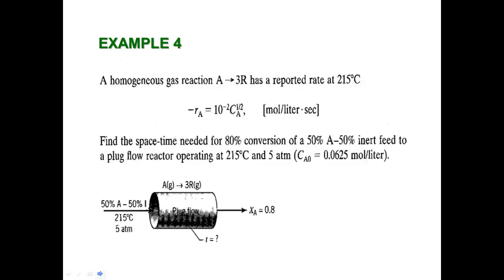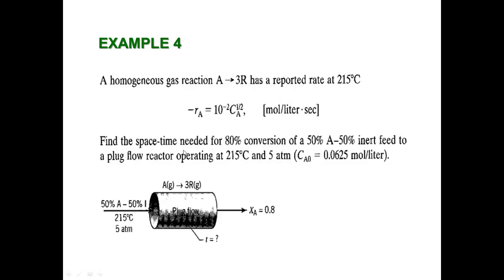So if you go to the third one, this one now is for a plug flow reactor. A plug flow, because you could see that now you have here as illustrated a cylindrical element of volume. Now, a gas phase reaction in this case, and you have A forming 3 moles of R. The gaseous reaction occurred at 215 degrees Celsius, and its rate law is 0.01 Ca raised to 0.5 or 1 half with the units mole per liter per second.